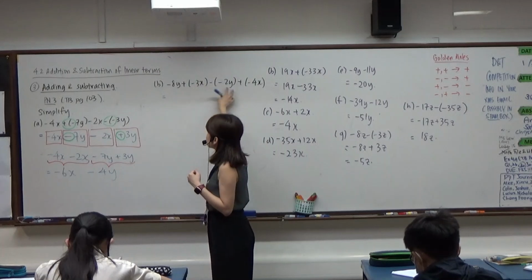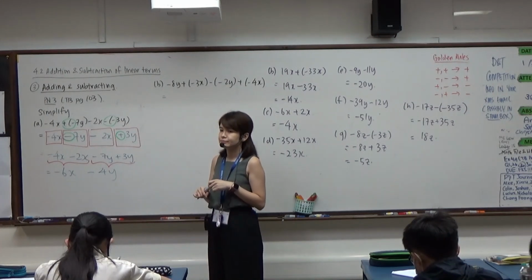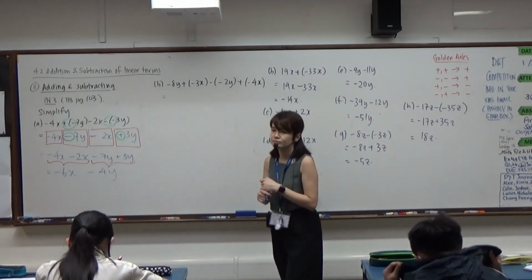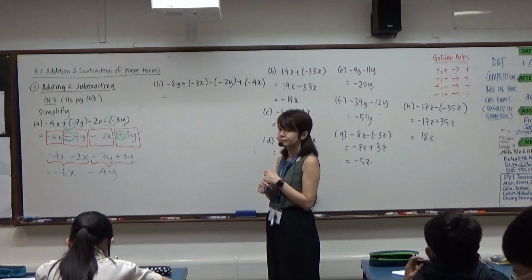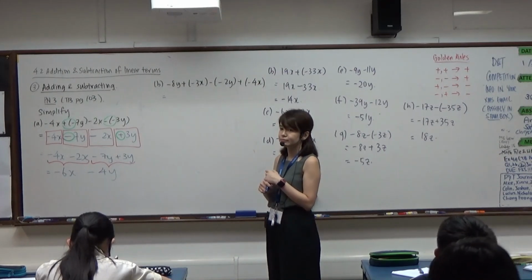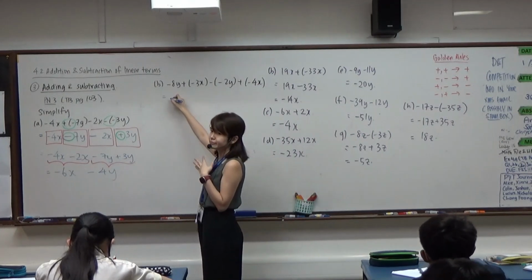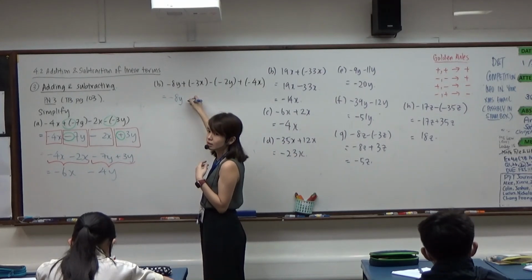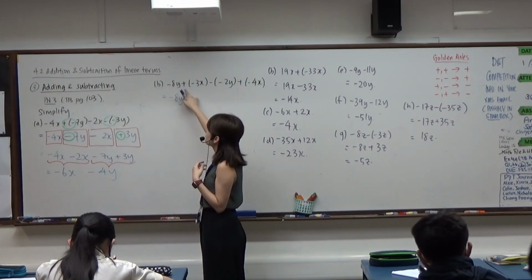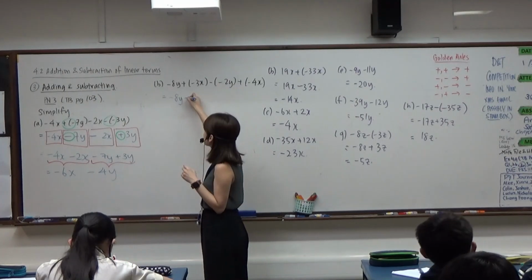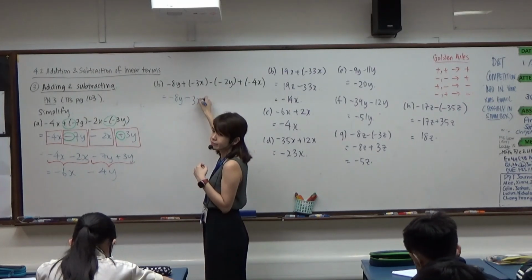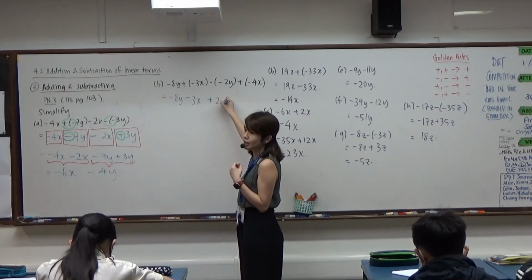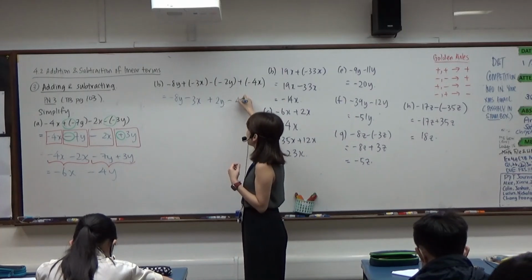The operation we simplify first. You tell me? Alright. Minus 8y. Plus minus give us minus, okay, minus what? 3x plus 2y minus 4x.